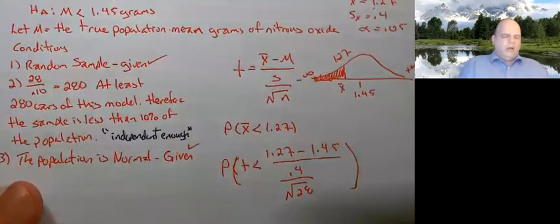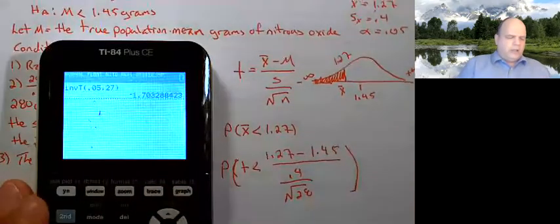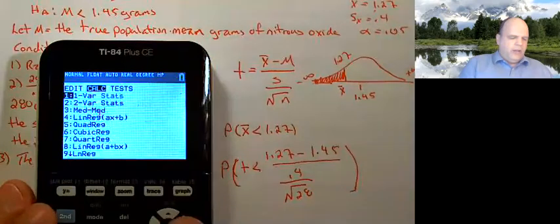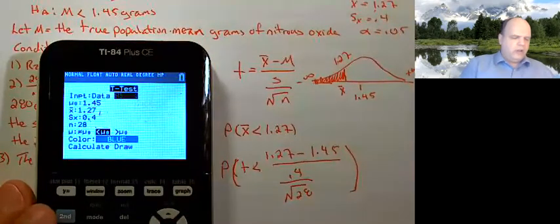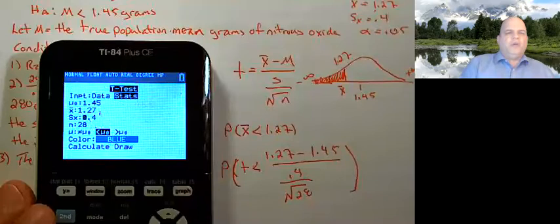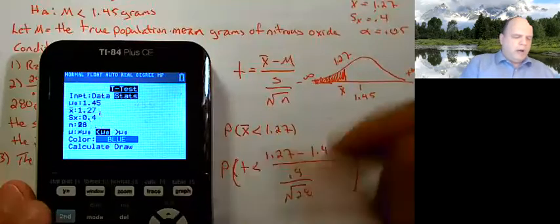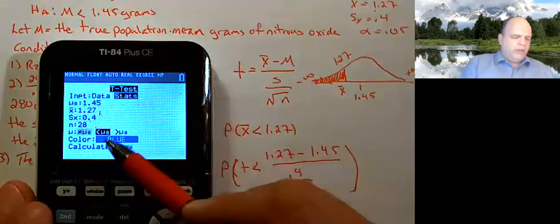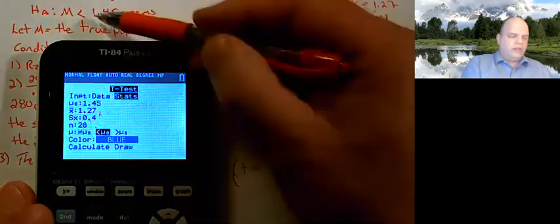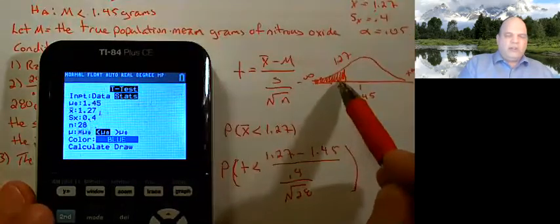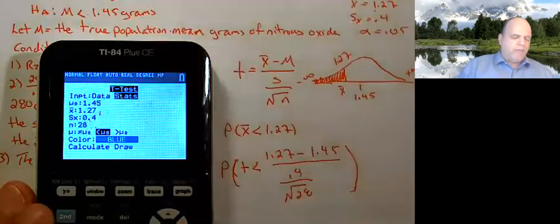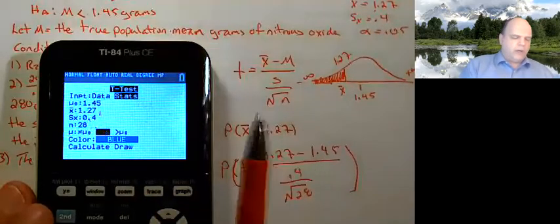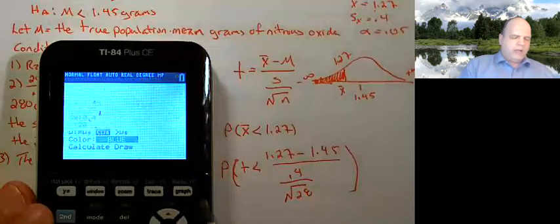So on the calculator, stat, test, t-test, and I have mean of 1.45, x-bar 1.27, standard deviation 0.4, 28. Now, be really careful. This says less than, this says less than, this says less than.